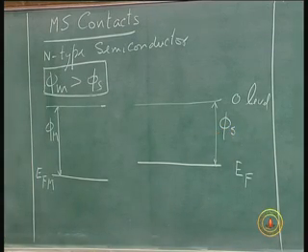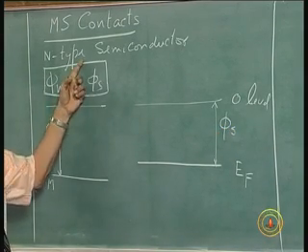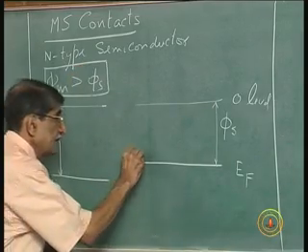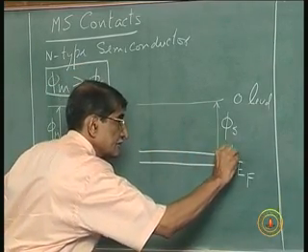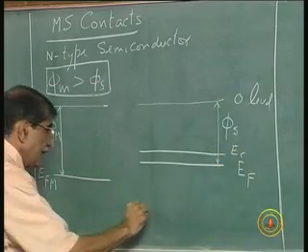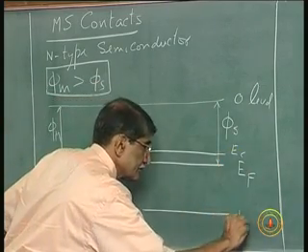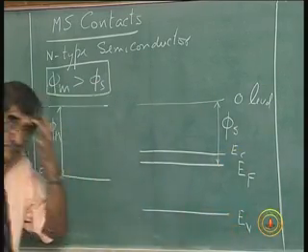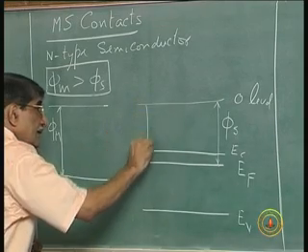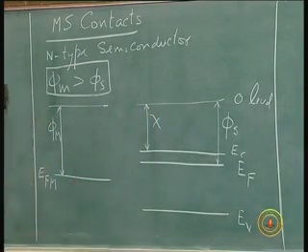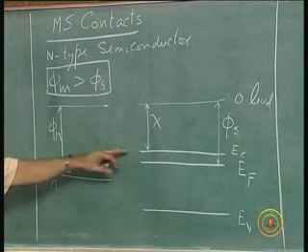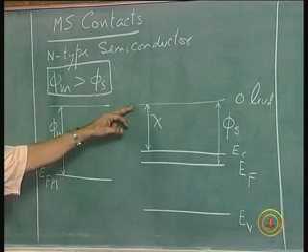Okay. Now, if we are talking of n type semiconductor, the conduction band is here, that is EC, and the valence band is somewhere here, EV, and this is the electron affinity that we defined in the previous lecture, the energy between the conduction band and the 0 level.